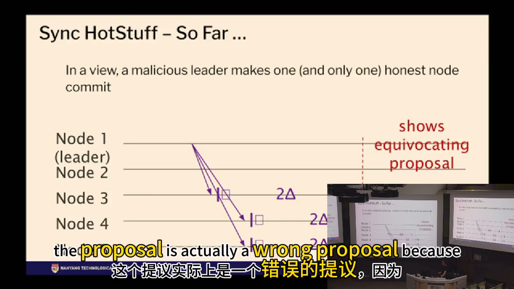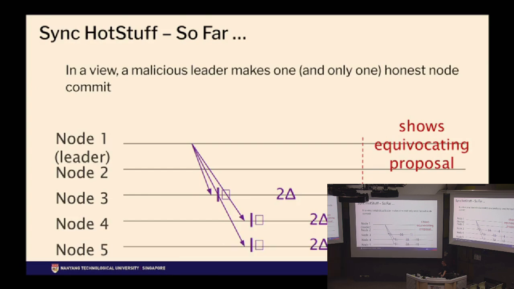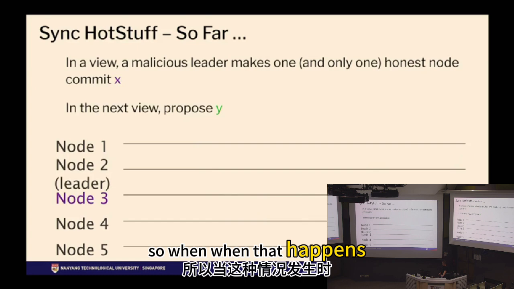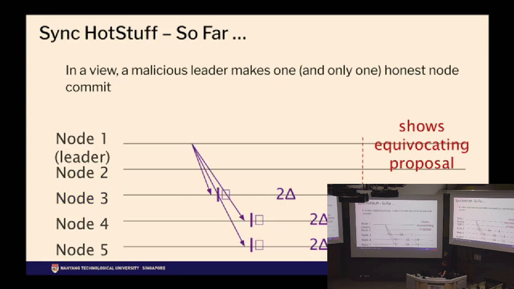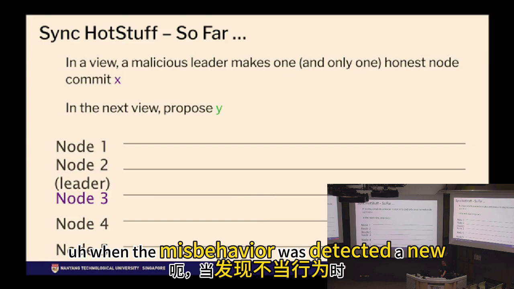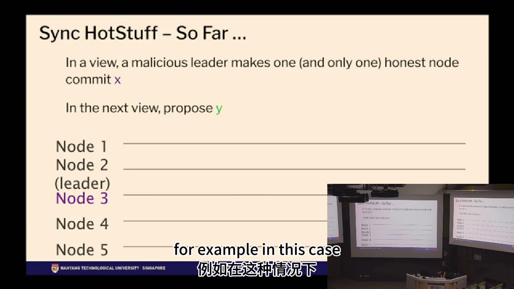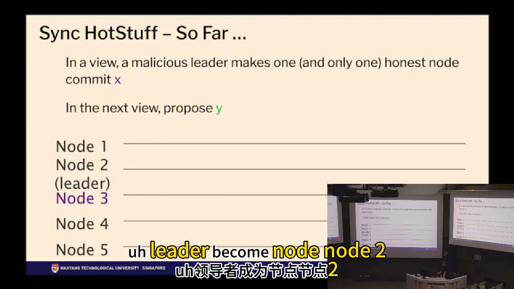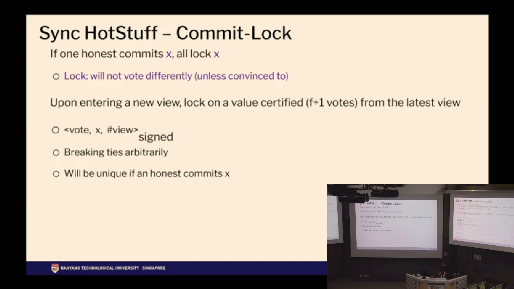The proposal is actually a wrong proposal, because the malicious leader made this false proof. When the misbehavior is detected, a new view will happen, which means, for example in this case, the leader becomes node 2, and node 2 starts to propose transaction Y.